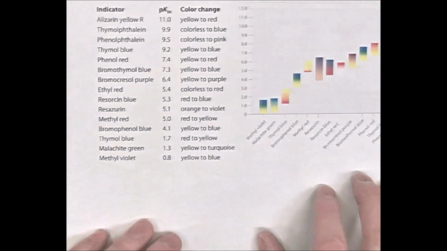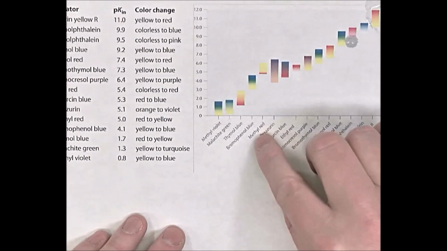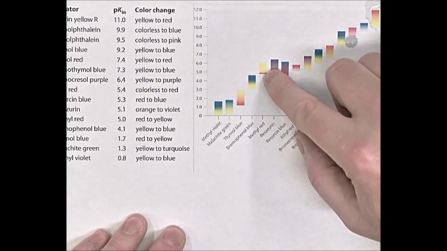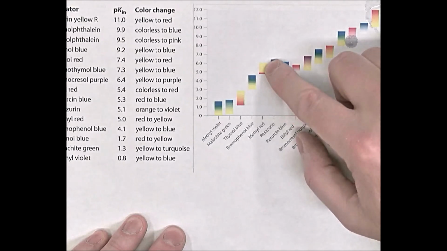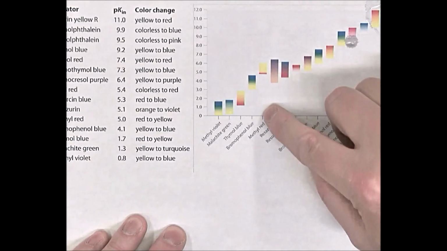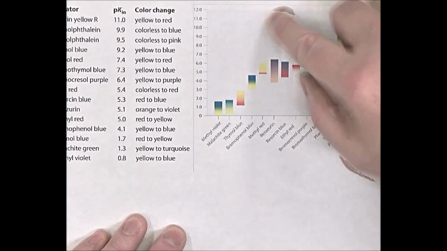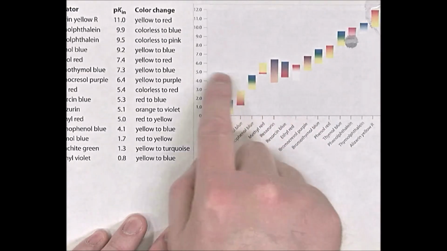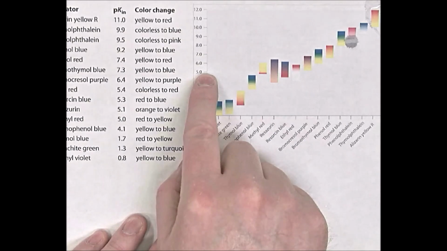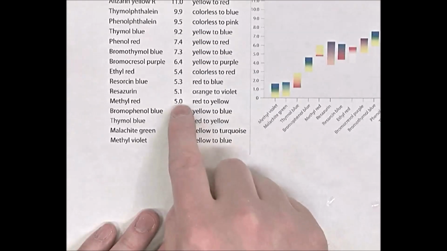So let's take a look at the table over here. Methyl red shows up here as a reddish color becoming yellow. So that means at any pH below here it's red. At any pH above here it's going to be yellow. And that color change is happening very close to pH 5, which was the pK indicator for methyl red.